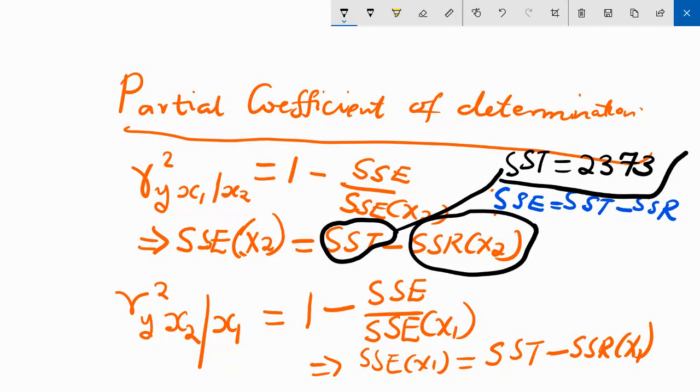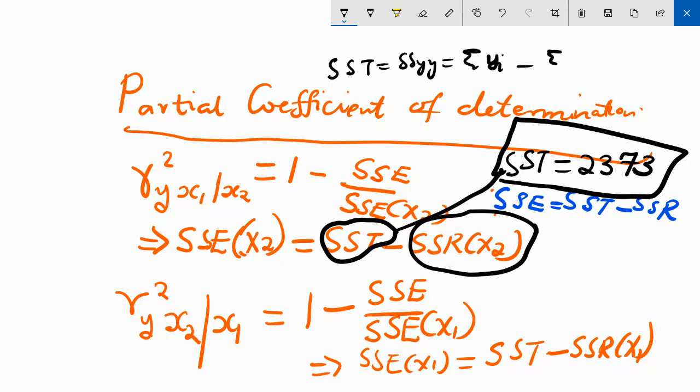It doesn't matter if you are dealing with one independent variable or two. Why? Because how do you find SST? SST is the same as SSYY, which is the summation of Y squared minus the summation of Y all squared divided by N, which is equivalent in matrix notation to Y prime Y minus 1 over N summation of Y squared.